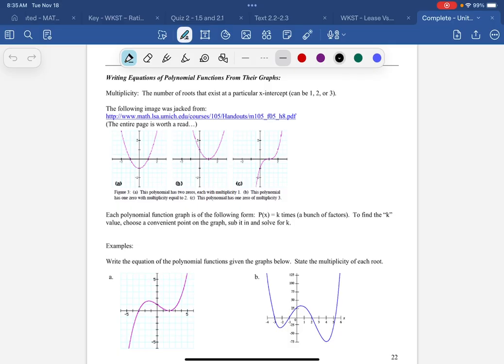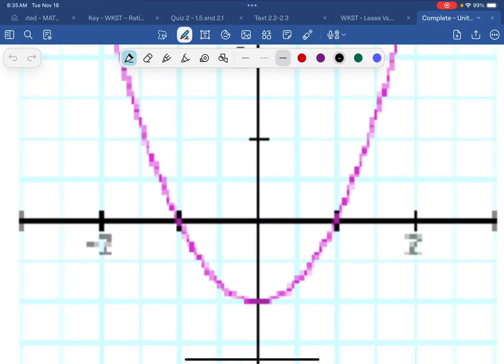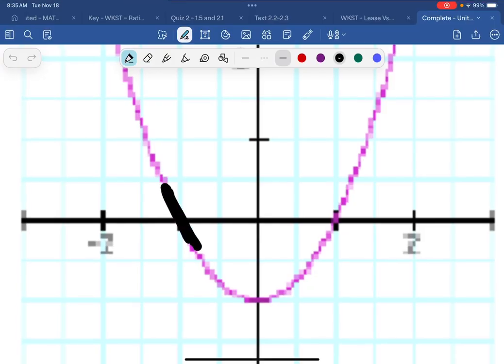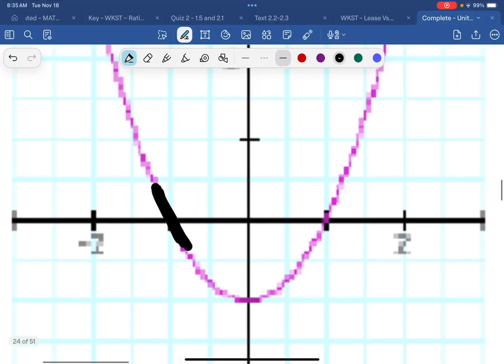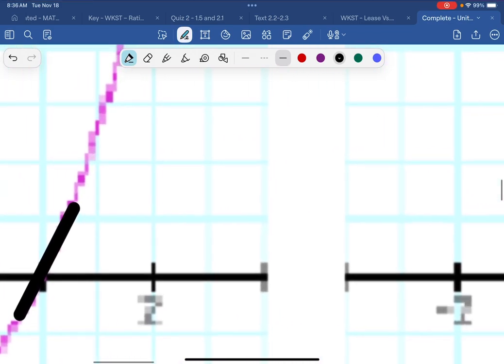So when you're dealing with a multiplicity of 1, this graph, it appears to be a parabola, behaves like a line around each x-intercept, right? And the natural question would be, well, what do you mean by behaves like a line? If I were to just look at this portion of the graph, ignoring everything else, and I had to call it something, what would I say it looked like?